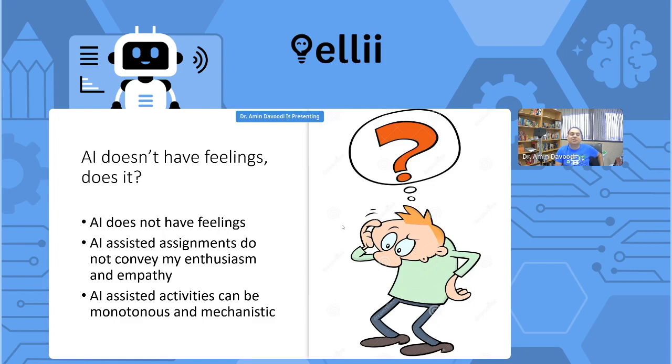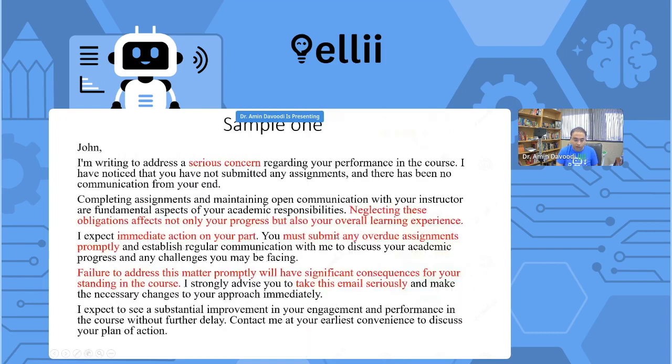It all depends on what we are asking AI to do. If we are asking it to be compassionate, to be angry, to be assertive, aggressive, it can do that. So in that sense, I argue that AI does have feelings. It all depends on how we are using it and whether we know what kind of prompt we need to provide to, for example, ChatGPT in this case.